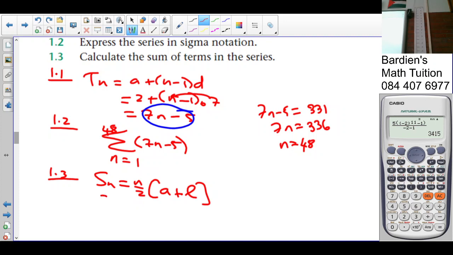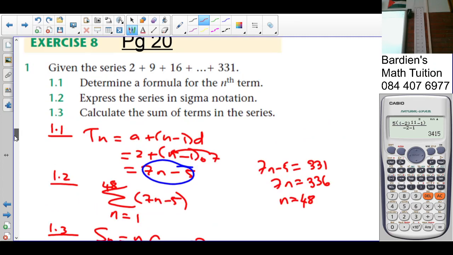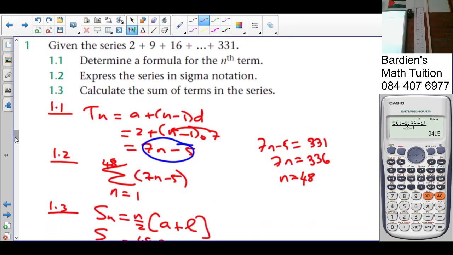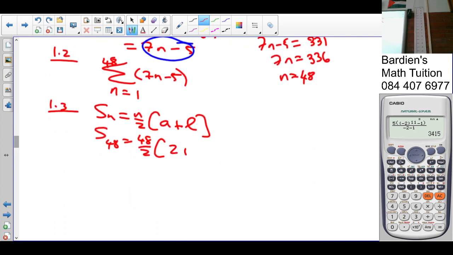So this is S48 equals 48 over 2 into a, what's your a value? 2, and the last term is 331. So that gives us an answer of 7,992. You all agree with that?